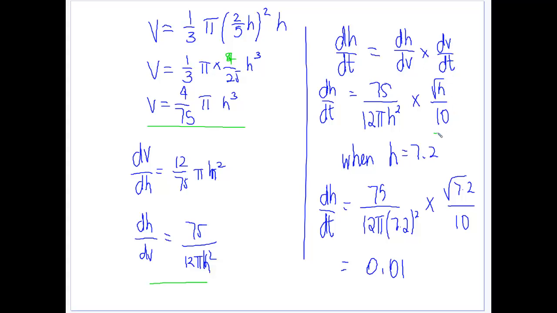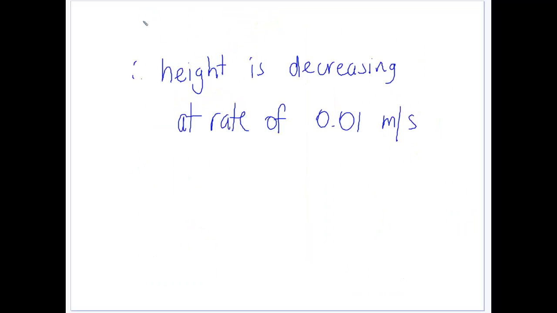We've got dV/dt as root h on 10. dh/dV we saw was 75 on 12 pi h squared. And when h is equal to 7.2, we can do that substitution. We get 0.01. So what does that mean? It means the height is decreasing at a rate of 0.01 meters per second.